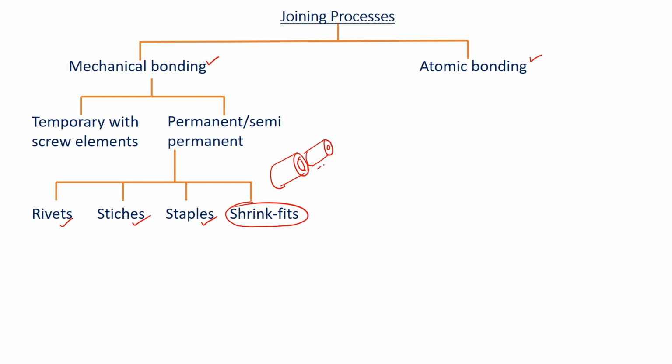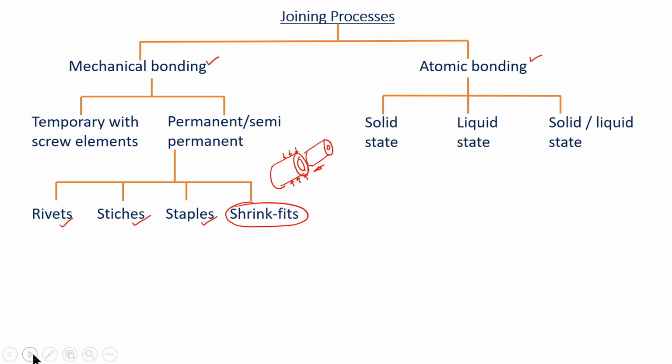So, we can insert the smaller diameter tube inside the larger diameter tube, and then we apply the external force on the overlap region of the outer tube or the larger tube with the smaller tube. So, due to application of the force, we can have the shrink fit permanent joint.